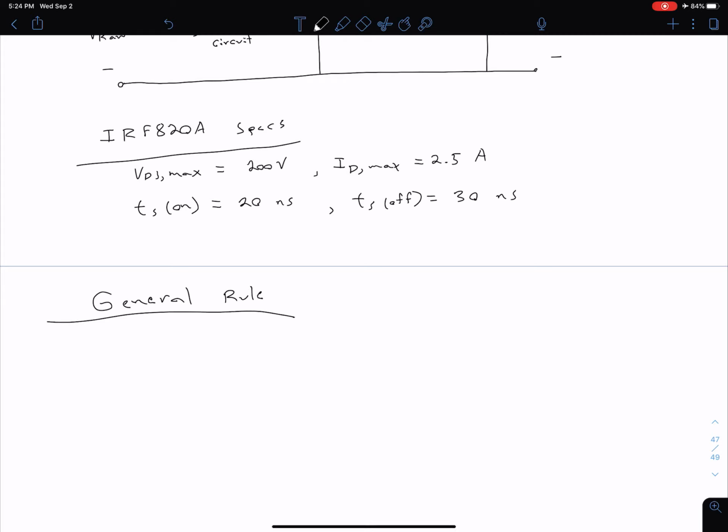So a general rule is that our longest transition time should not be greater than 10% of either our on or off time, whichever one is lower.